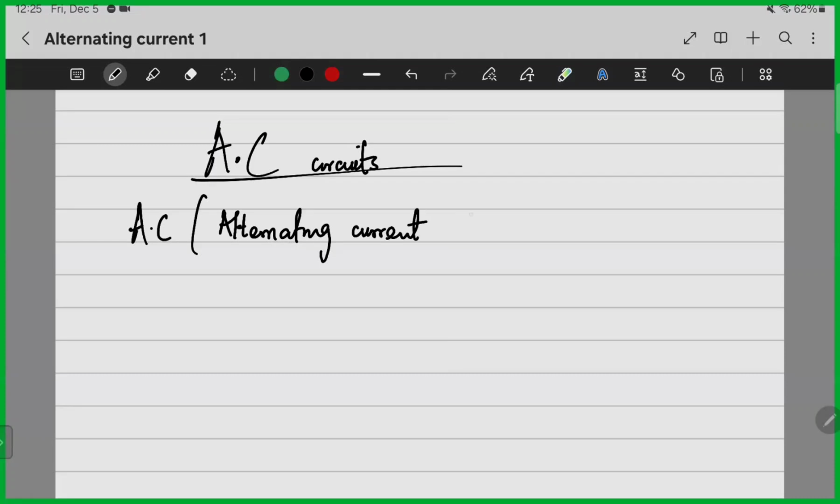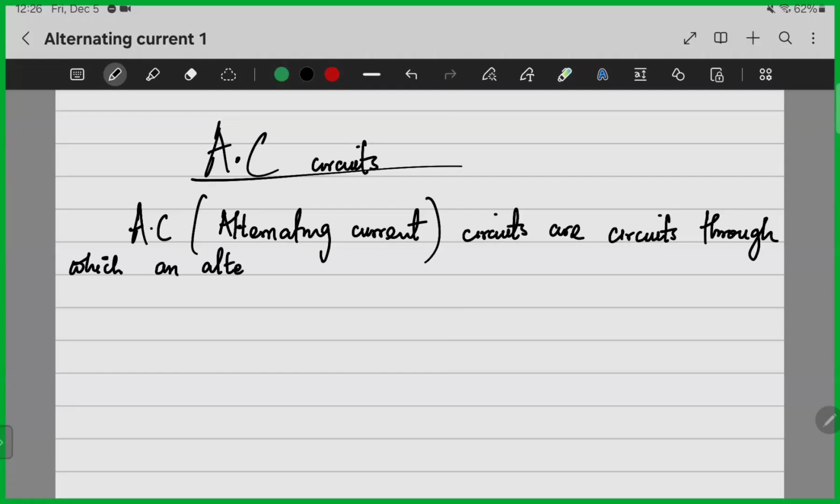An alternating current circuit is a circuit through which an alternating current flows.